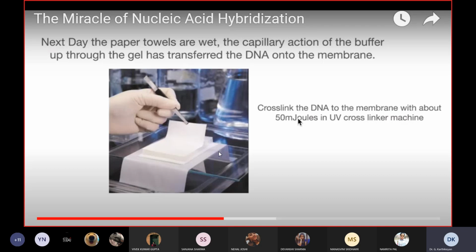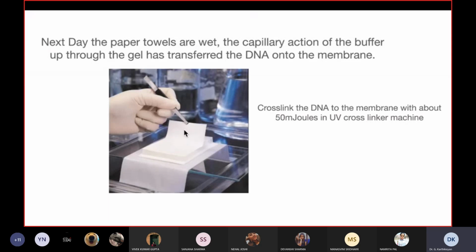Either way, as I said, there are two ways by which you could cross-link the DNA to the membranes, either by heating them in an oven at 80 degrees centigrade, or by cross-linking them using UV. 50 millijoules was enough energy to form what's called cross-links. So the DNA gets cross-linked to the membrane so it won't move around. It stays put, basically.